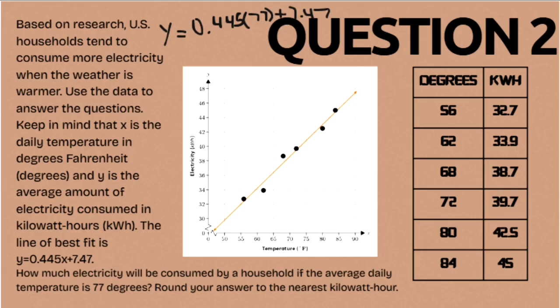We've got 0.445 times 77 is 34.265 plus 7.47. And they want it to the nearest whole kilowatt hour. So our answer is 41.735. So it's going to be 42 as our answer. Ta-da, I did it right.